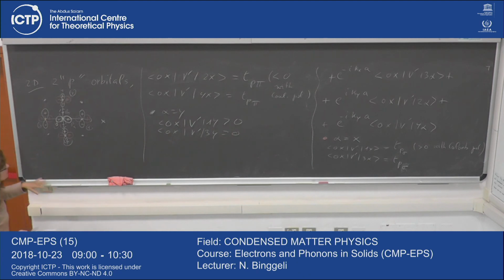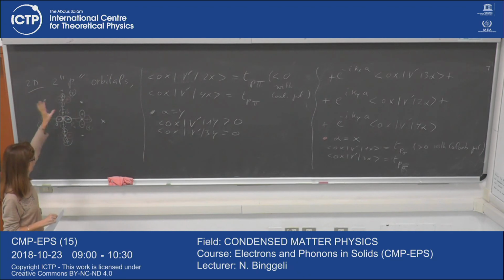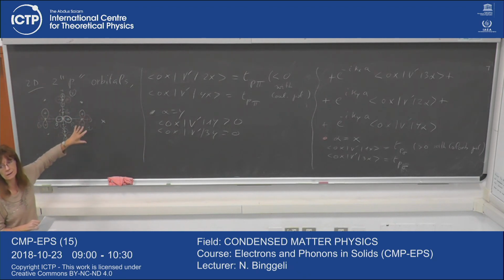If I have a matrix element between the x orbital at the origin and the y orbital on this side, and I integrate with the crystal field, it will be zero.